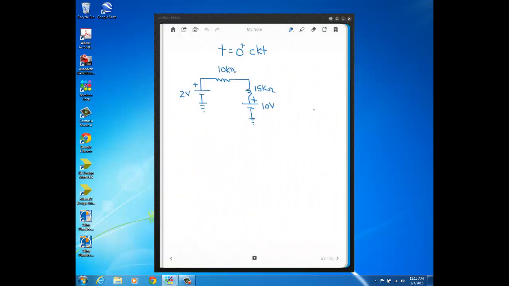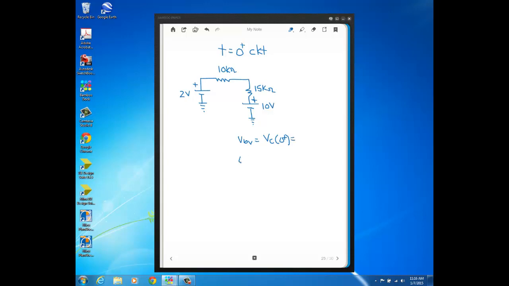So here's our t equal to 0 plus circuit. We replace the initially charged capacitor of 10 volts with a voltage source at 10 volts. Now if we find the voltage across that 10 volt source, that would be the voltage across the capacitor at t equals 0 plus.